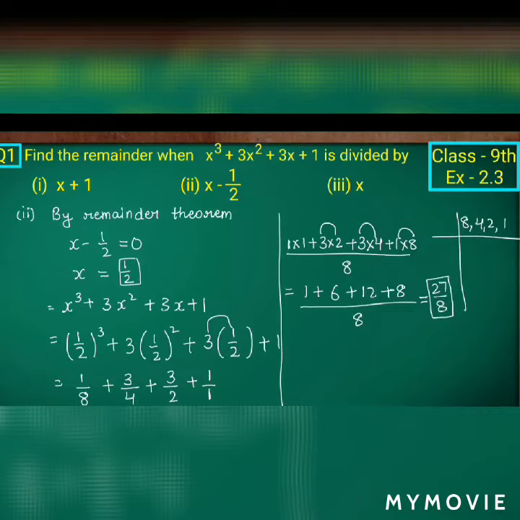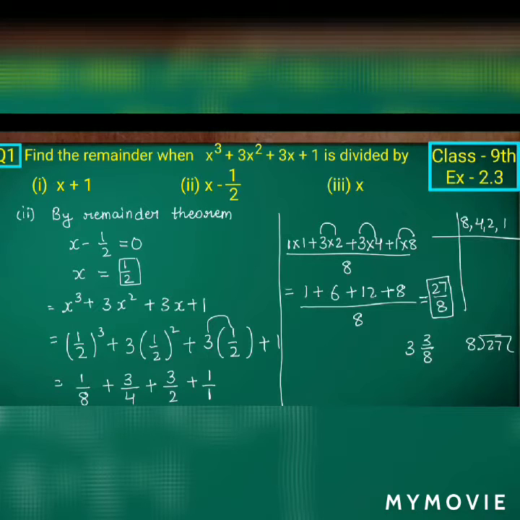So we got the value of the polynomial, that is 27 by 8, for the given p of x, isn't it? So this is how we have to find it by remainder theorem. So in mixed fraction we can write it as 8 threes are 24, 24 plus 3 is 27 by 8, isn't it?